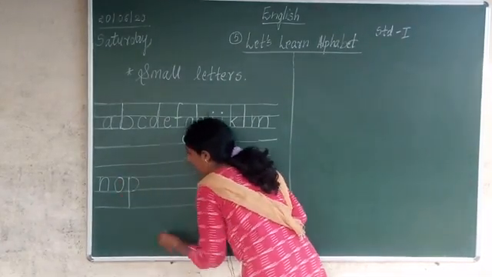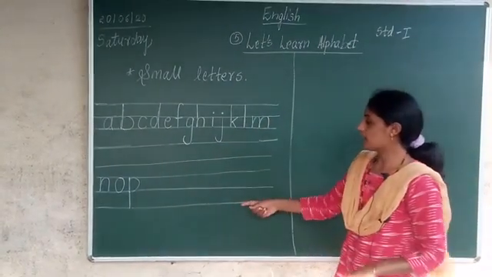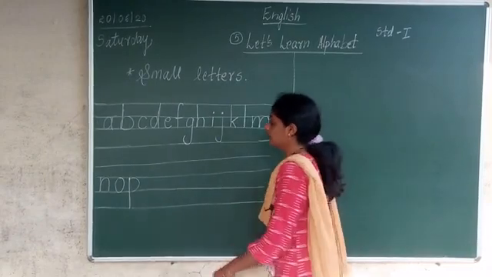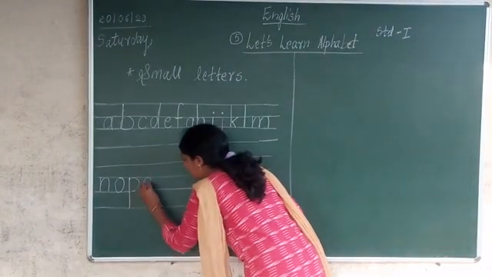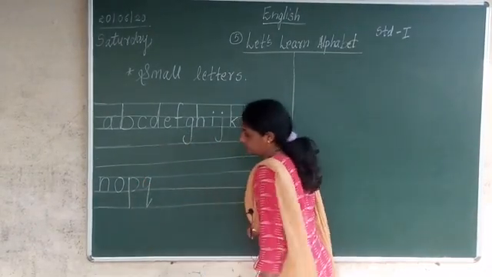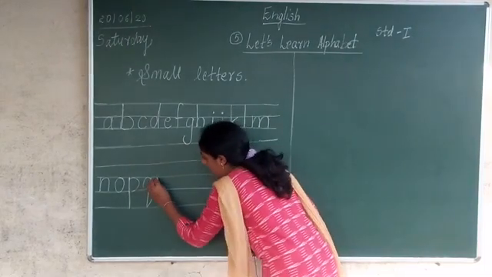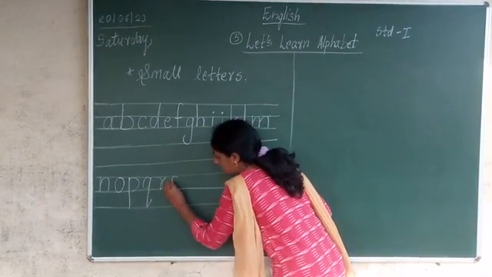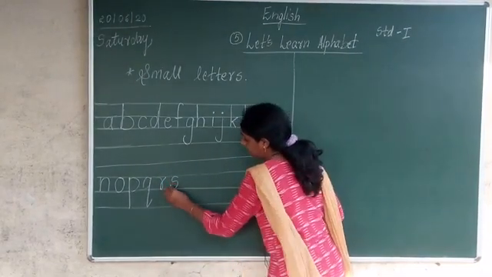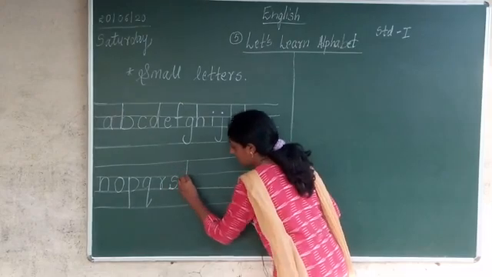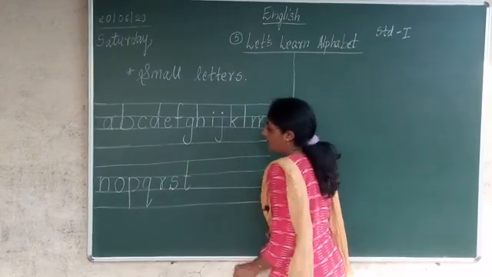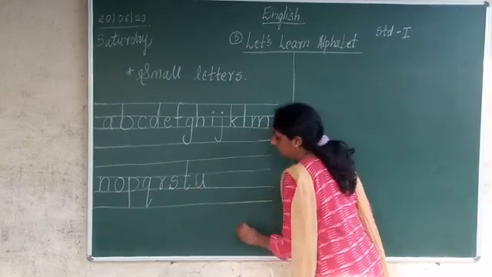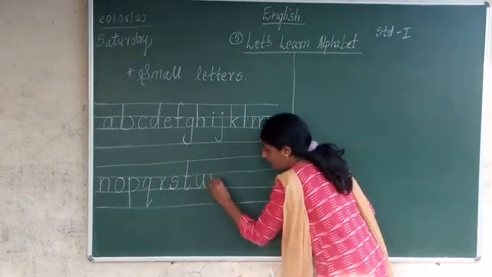Sorry, in four lines, P should touch the fourth line. Okay. Next one is Q, R, S, T, U, V.